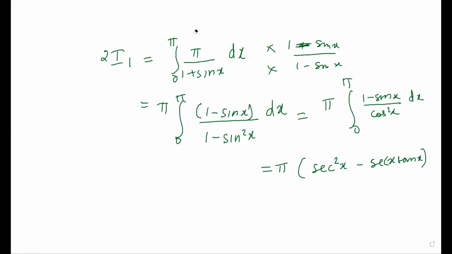The integration is still there, 0 to pi dx. So 1 by cos square x I wrote as sec square x. Sin x by cos x, that is tan x. 1 by cos x, that is sec x. So that is pi into integral of sec square x is tan x minus integral sec x tan x is, what is that? Sec x, isn't it? 0 to pi.